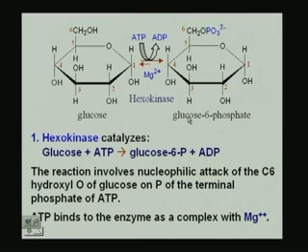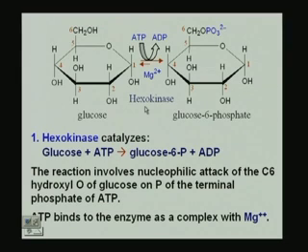Glucose going to glucose 6-phosphate has a positive delta G. ATP to ADP has a negative delta G. A coupled reaction will give a favorable forward reaction, and the reaction involves a nucleophilic attack of the hydroxyl OH attached to carbon 6 on the gamma phosphate of ATP, resulting in the formation of ADP. In this case, the enzyme involved is hexokinase.